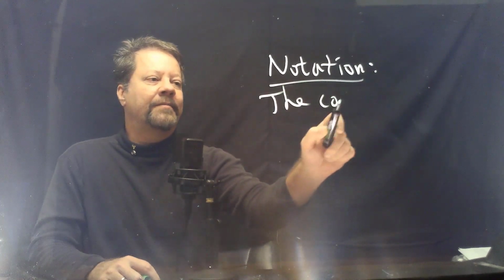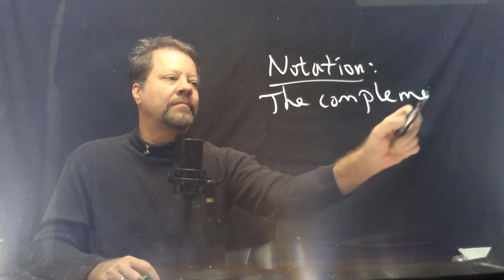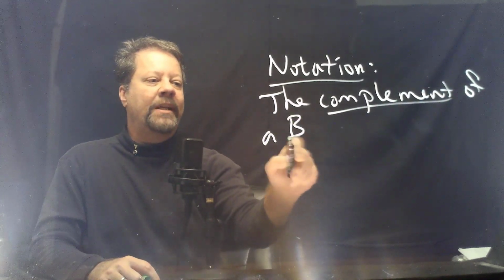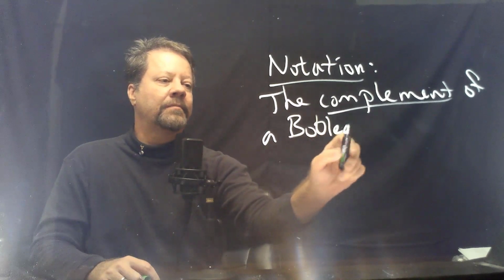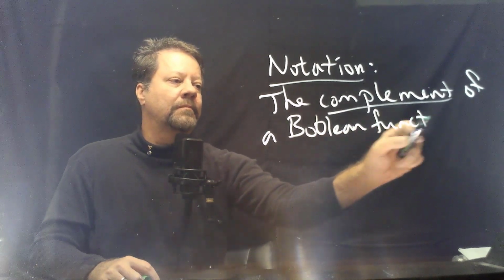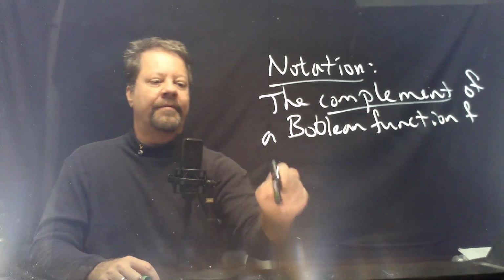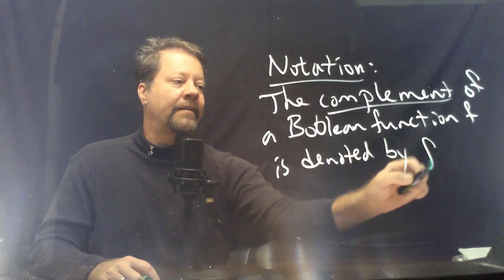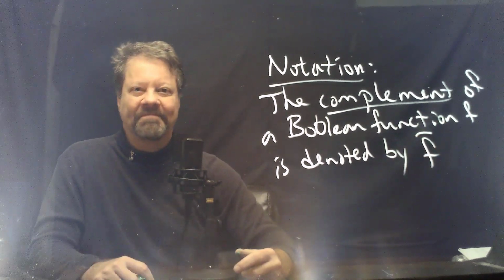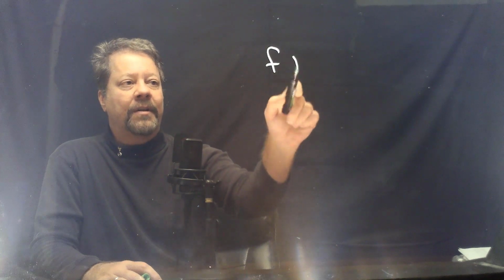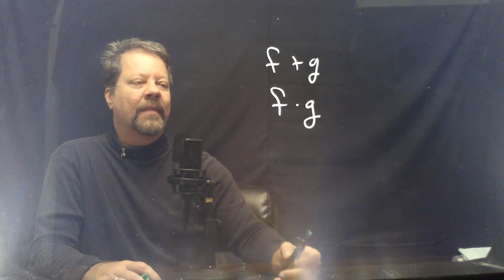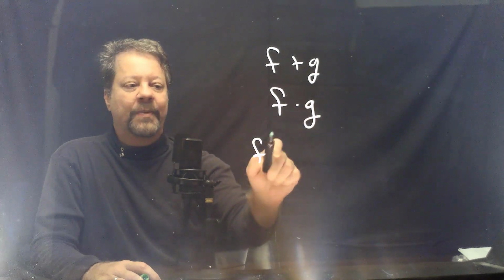The complement of a Boolean function f is denoted by f complement. Since you can take the complement of the function, you can also add them and multiply them. These are defined in fairly obvious ways.